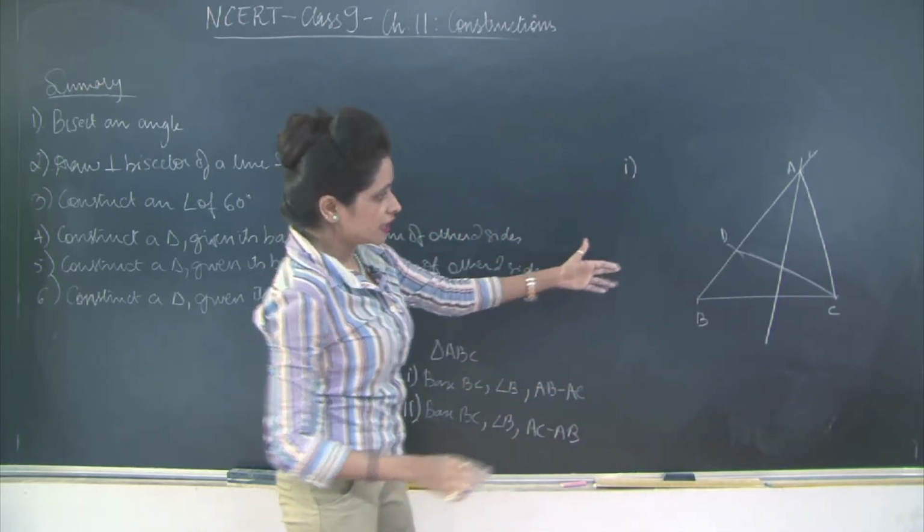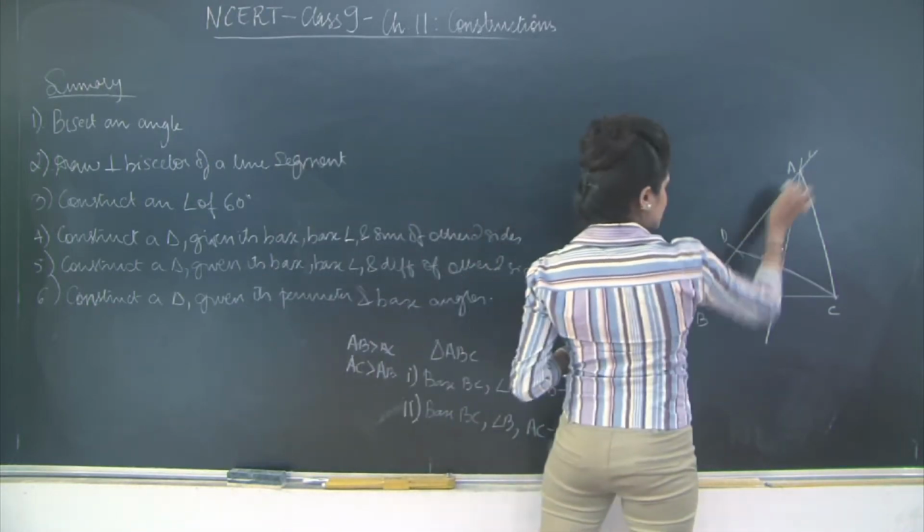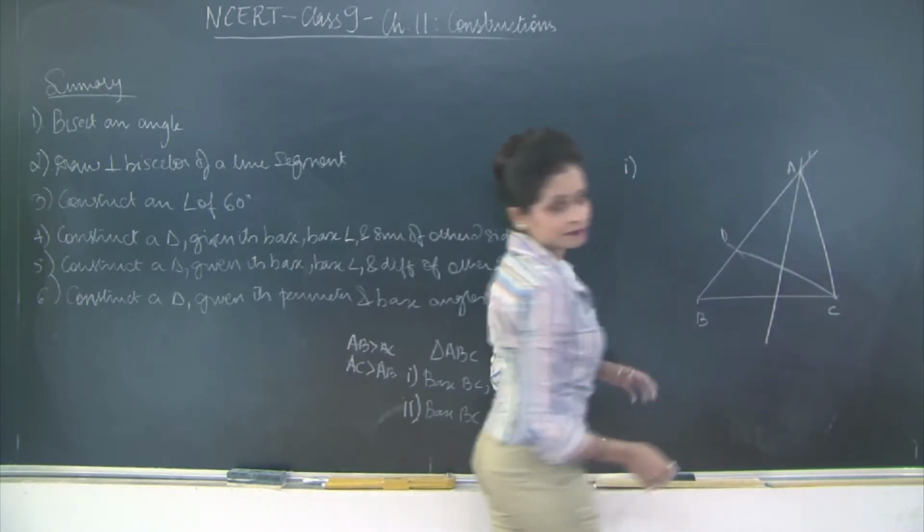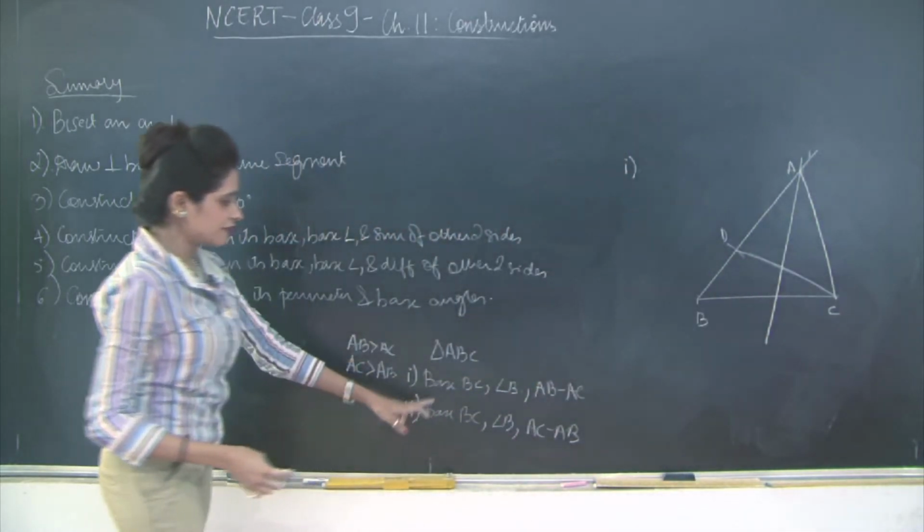Okay, so even if you can see from this figure, AB is greater than AC, right? So this was the first kind.